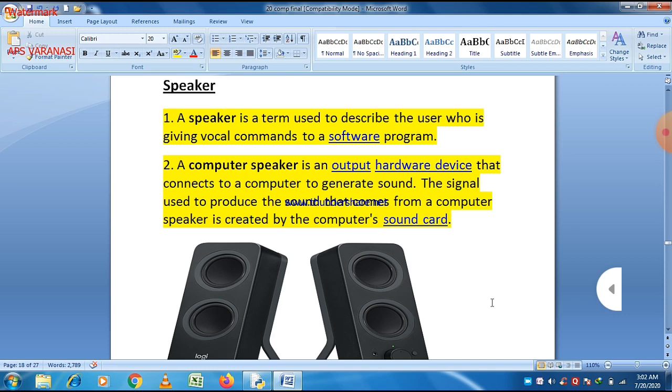So in computers there is a sound card whose work is to deal with the sounds, and the speaker is finally connected to a computer and generates a sound for us. So speaker is an output device.